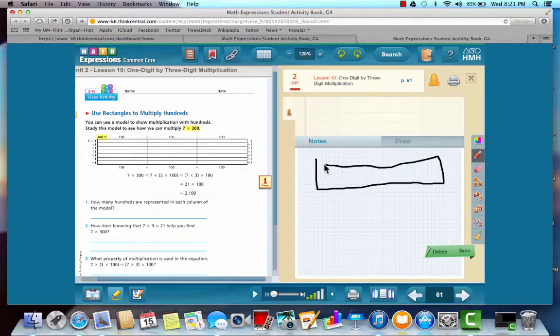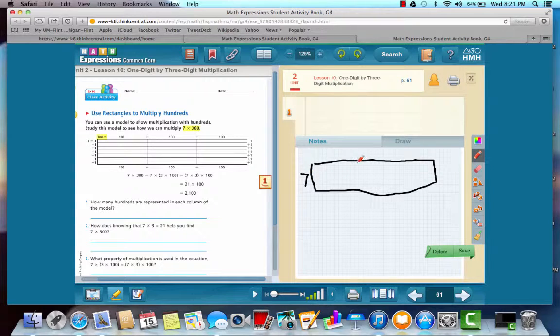Sorry for my unstraight lines. Oh, that's really squiggly. Here, I'll try again. Well, I apologize. But they multiplied the 7 times 300. Remember the 300 up here.